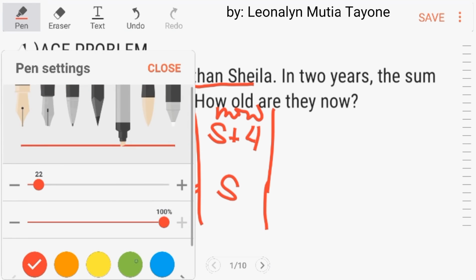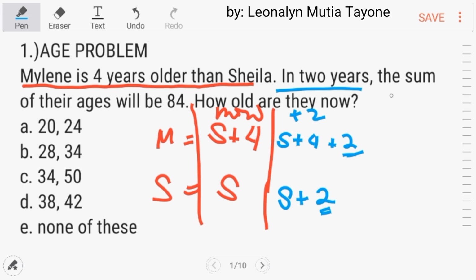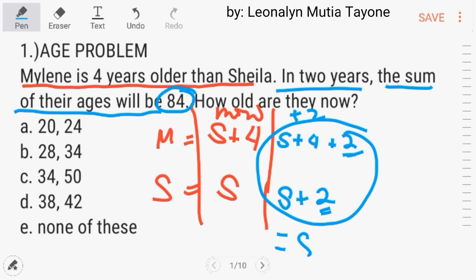Ngayon, doon tayo sa in 2 years, bali plus 2. In 2 years. So, si S plus 4 plus 2 at saka si S plus 2, the sum of their ages will be 84. Kung i-add mo ito, 84 daw ang total.